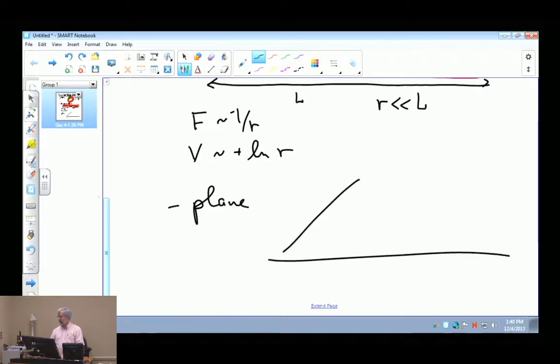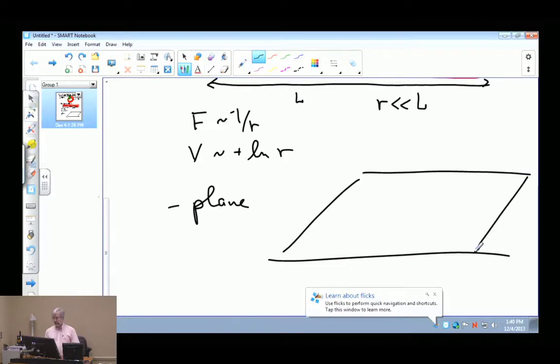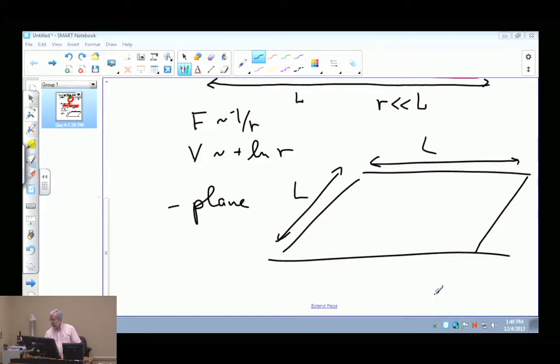So I have a great big plate, a huge plate of side L. Great big square plate. Area is L squared. Really big thing. And I want to be near the middle of that plate, at some distance, let's call it d, above the surface of that plate.